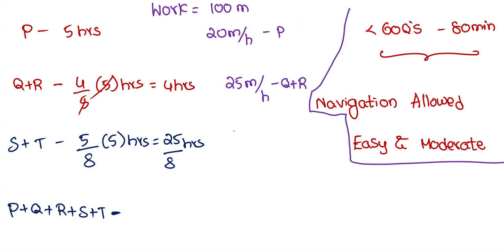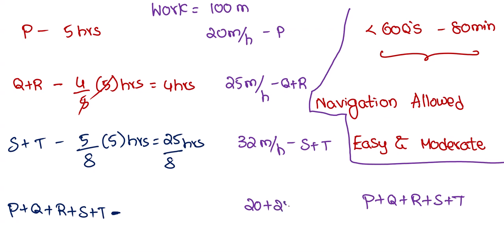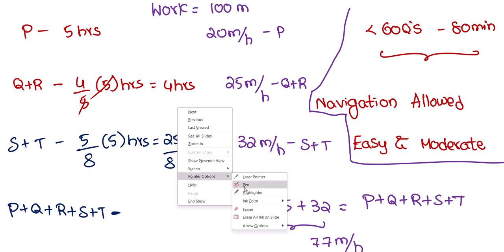Next, S and T: 125 divided by 25 means 4 into 2, 32 meters per hour by S and T. Now, when all are together, P, Q, R, S and T, their efficiency is 20 plus 25, 45, 45 plus 32, which is 77.